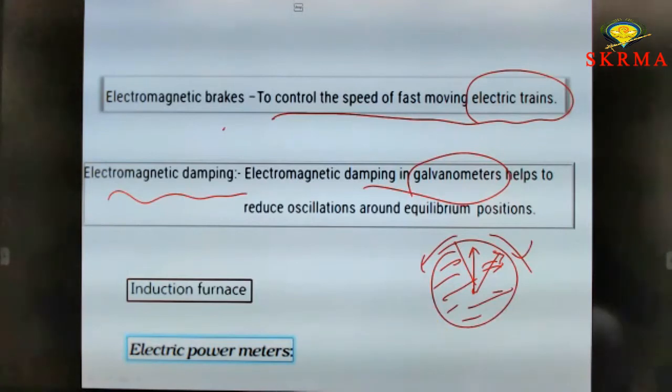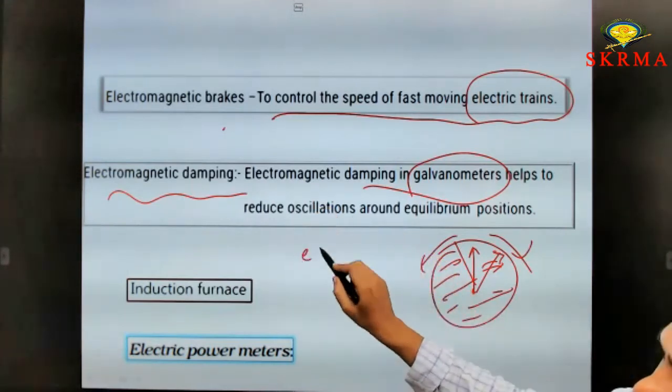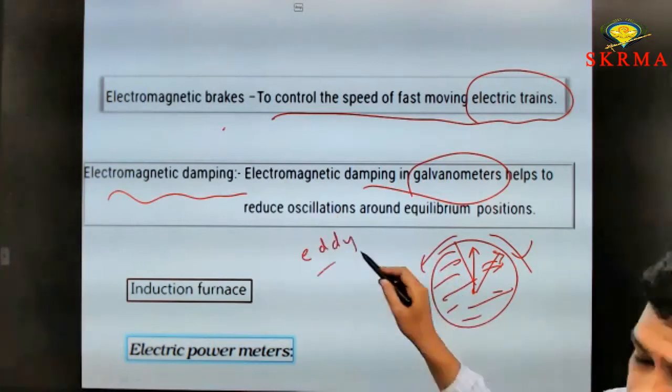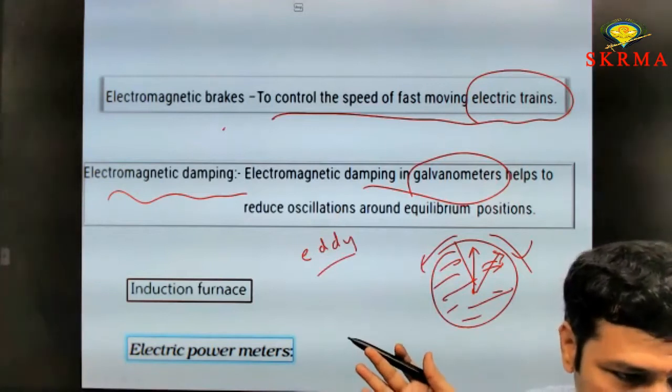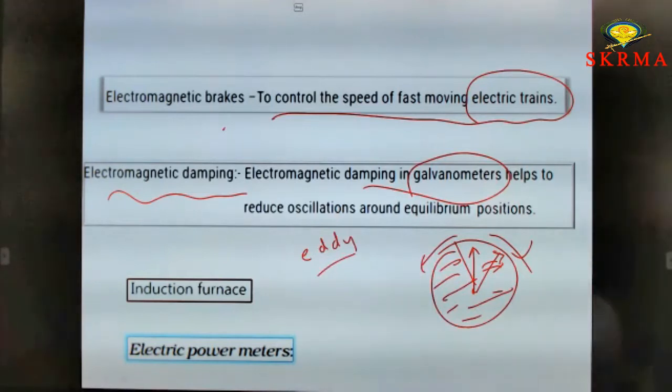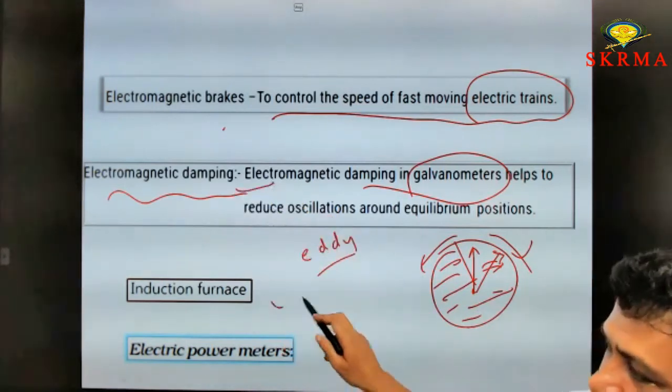To reduce that, we use the eddy current concept. Eddy currents formed on the metallic plate of the needle oppose the motion of the needle. This is electromagnetic damping.